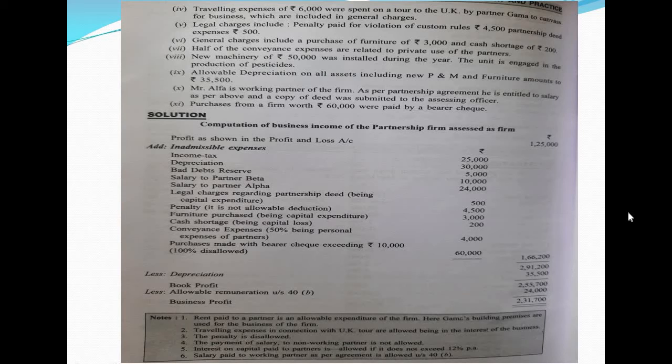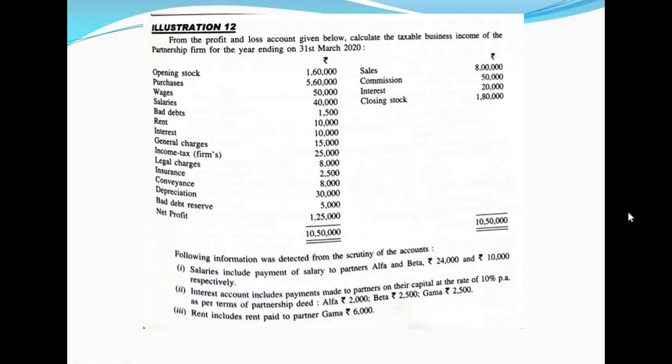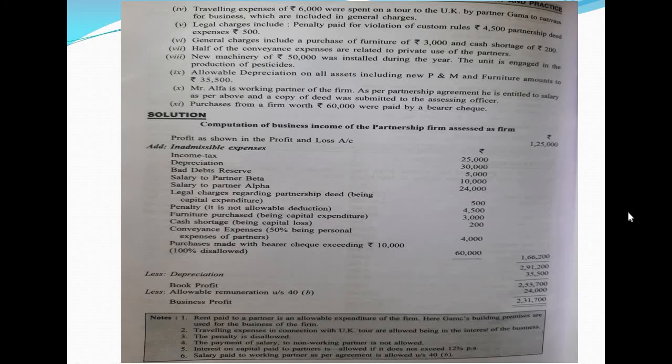Then point number 10 says that Mr. Alpha is a working partner of the firm. As per partnership agreement, he is entitled to salary as per above, and a copy of the deed was submitted to the assessing officer. So since Mr. Alpha is a working partner and he has been paid a salary of rupees 24,000, and the partnership agreement has been submitted to the assessing officer, it will be an allowable expense under section 40B.